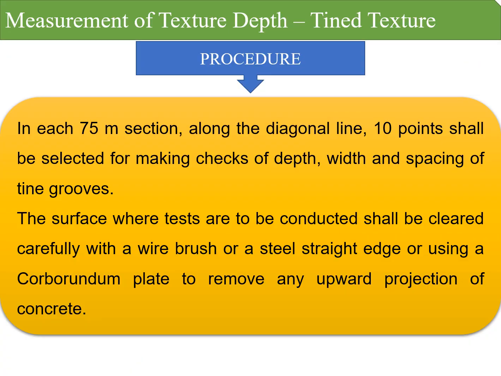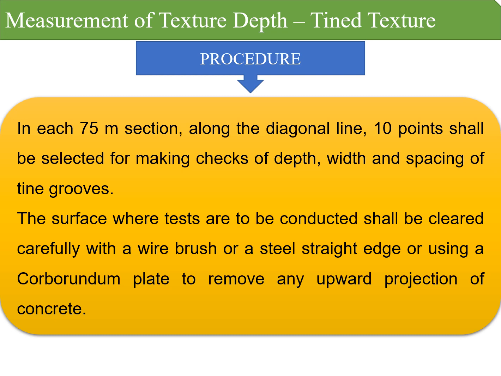Now coming to the procedure of checking the texture depth when the texturing is being done by tining: for each 75 meters section along the diagonal line, 10 points shall be selected for making the check of depth, width and spacing of tine grooves.